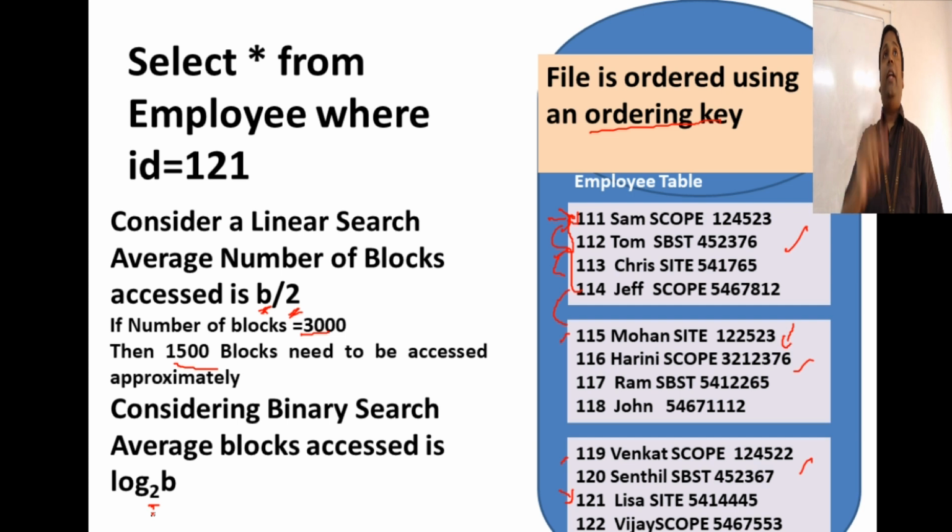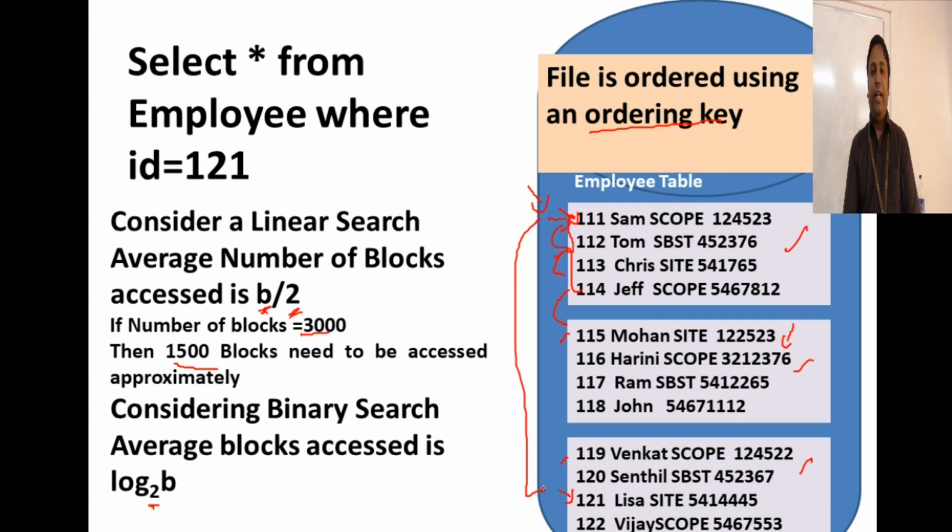And when you apply binary search, what is a very important condition to have binary search? The data set should be sorted. So sorting is the most important criteria. Since we have already sorted our entire employee table using our ordering key, it's already sorted, I can very well apply binary search on my data file.